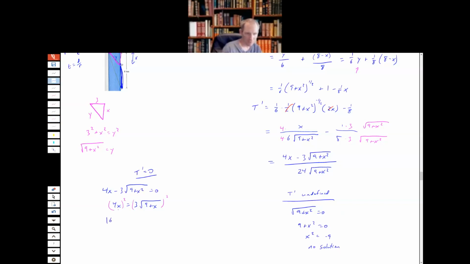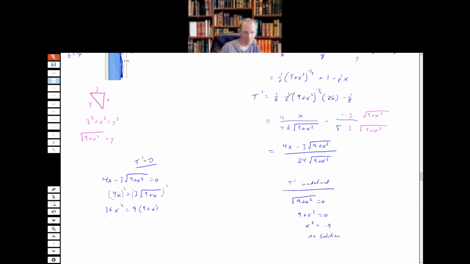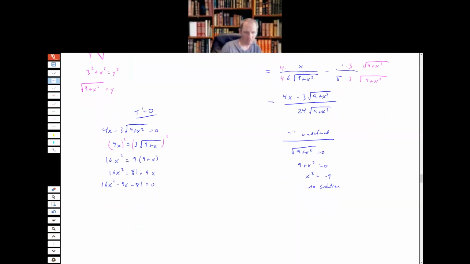So on the left, I square the 4 and get 16, square the x and get x squared. On the right, I square the 3 and get 9. I square the square root and it goes away. Okay. So distributing on the right, we get 81 plus 9x. Okay, so 16x squared minus 9x minus 81 equals 0. And we have a quadratic.